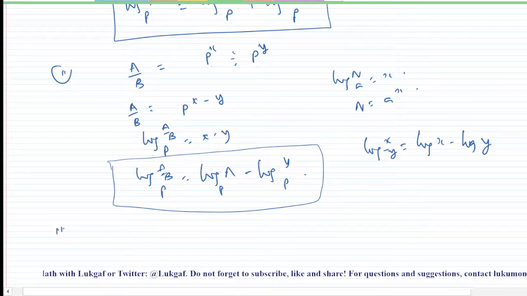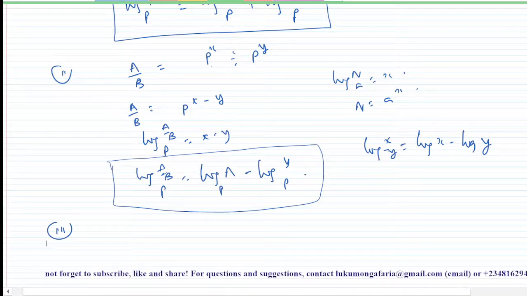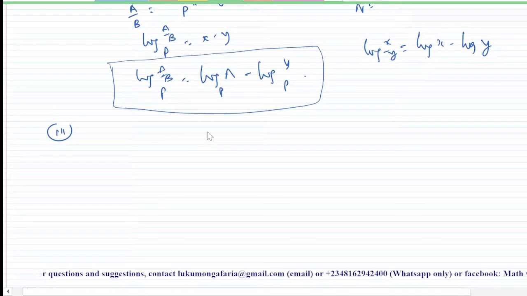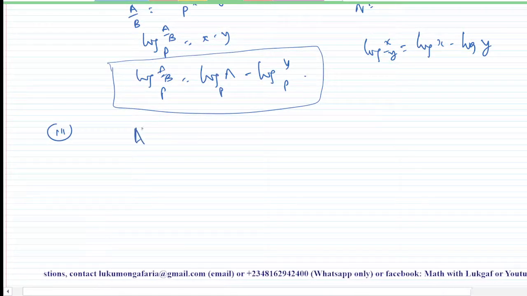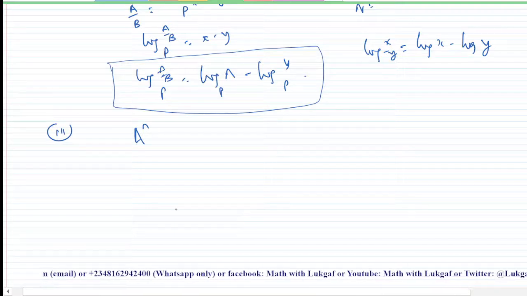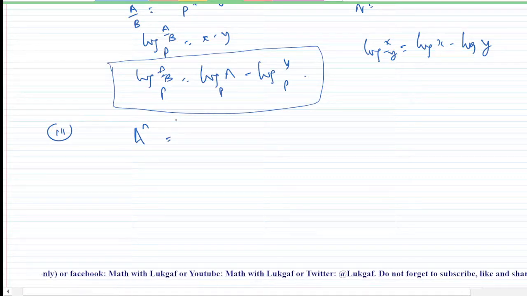Okay, now let me derive another one. Number three, I want to derive what we know as the power law. So remember, if I have my A raised to power n, remember that your A is what? Okay, sorry.